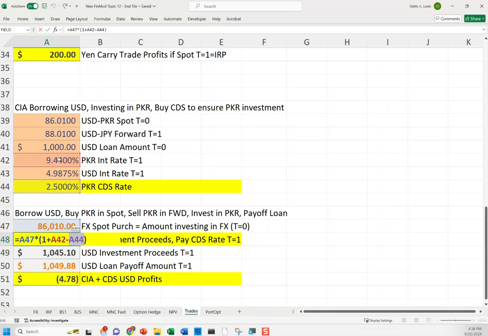I only get about seven of that. And so I get 91,979. I then convert that. I have a forward contract to sell 91,979 rupees at 88. And here's the payment of my US dollar bond. And now I'm actually losing money. So what I thought was arbitrage and making money is really just taking the risk of the Pakistan bond defaulting. So this would be the covered interest arbitrage profits, including a CDS cost.